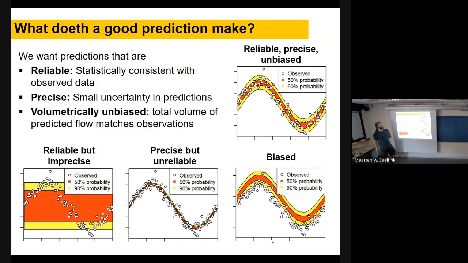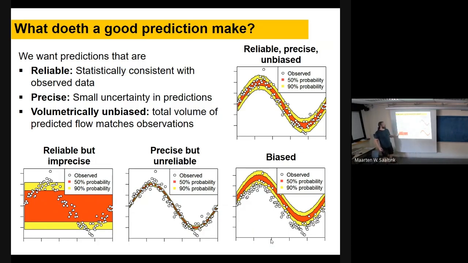A bit of a reminder about our performance criteria. We already talked about precision and reliability, and here are just some illustrations. Here is an example of a prediction that is reliable because it captures the correct proportion of the observations, let's say in the 90% limits, and it's also quite precise because it follows the data.